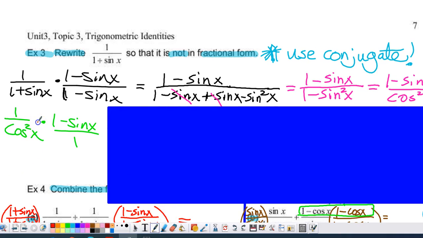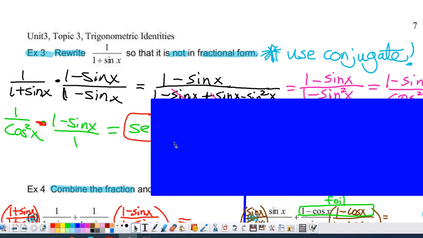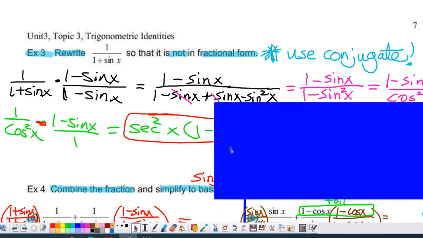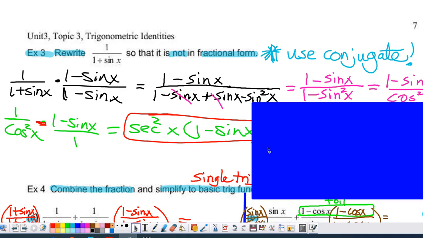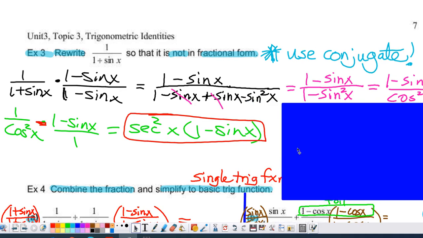Sorry, that's subtraction. When I separate the fractions, I can change 1 over cosine squared x to secant squared x times 1 minus sine x. And notice how I no longer have a trig function in my denominator anymore.